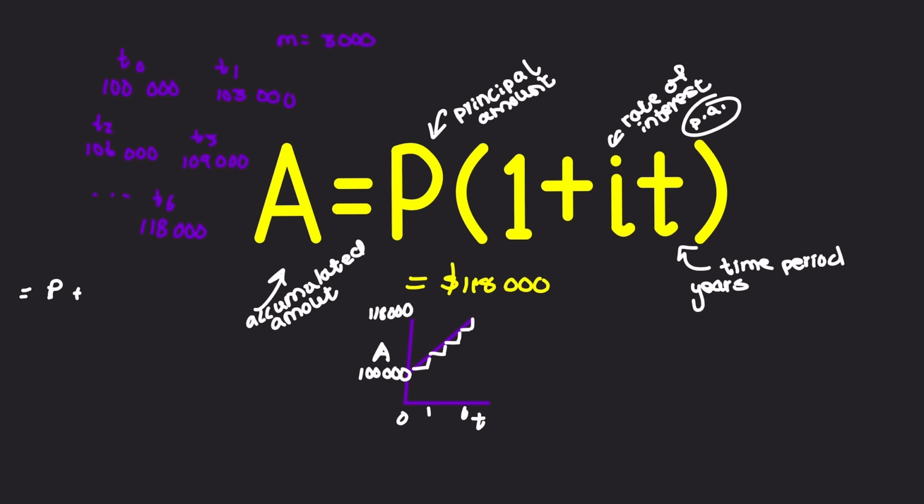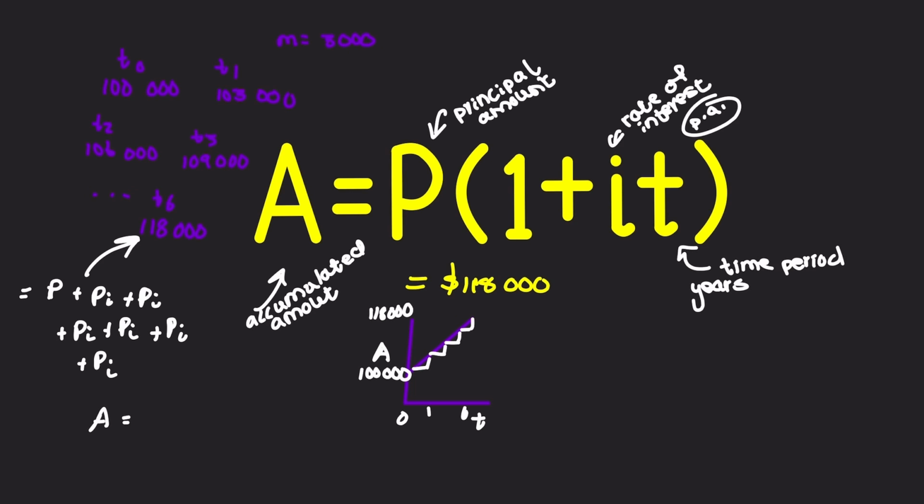At time 6, we can see it here: time 6 is equal to P plus PI plus PI plus PI plus PI, 6 times. 1, 2, 3, 4, 5, 6. Because all these PIs are 3,000, and 3,000 times 6 is 18,000. So boom, that's how we get our accumulated value.